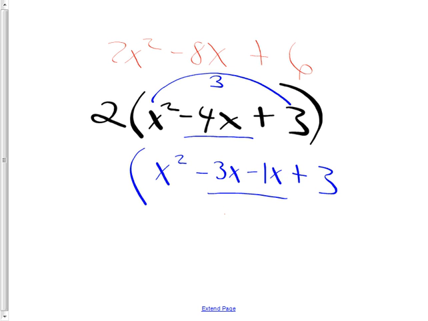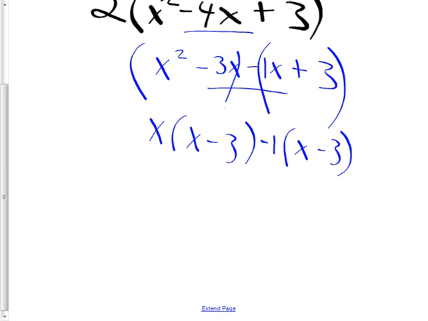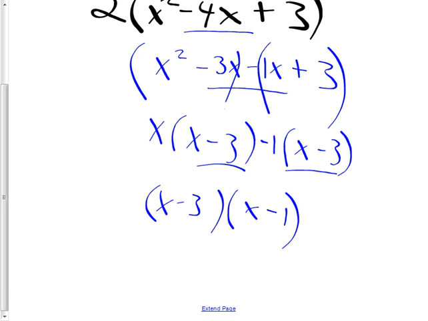And now watch what can happen. Factor both parts. X comes out, x minus 3. Well, negative 1 has to come out. X minus 3. Look at that. This is in common here and here. So x minus 3, x minus 1. Maybe we should teach you that way right from the start. But then don't forget the 2 that comes down.